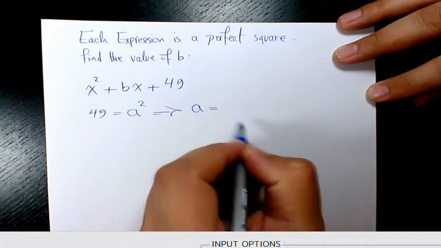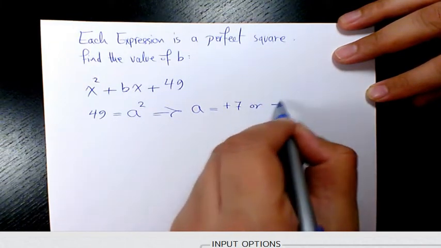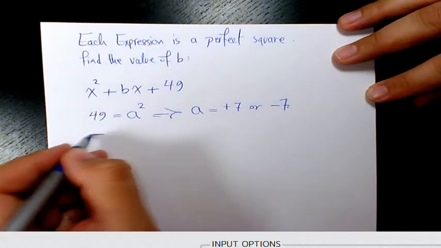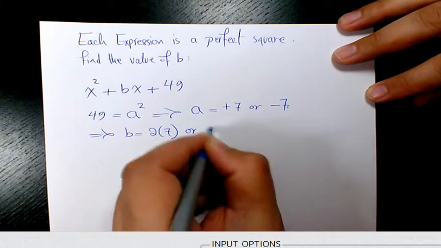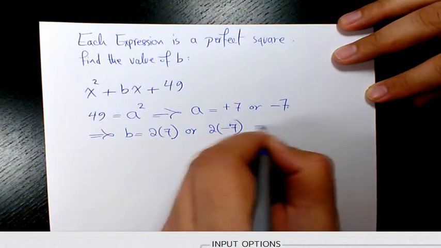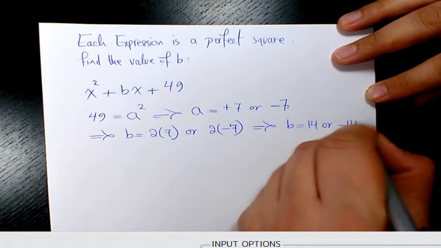So a is going to be either positive 7 or negative 7. Therefore, b is 2 times 7 or 2 times negative 7, which means that b is 14 or negative 14.